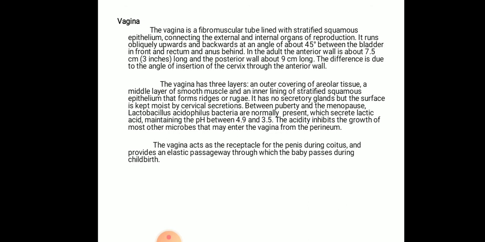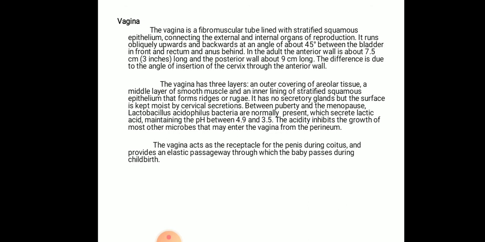The vagina has three layers: an outer covering of areolar tissue, a middle layer of smooth muscle, and an inner layer of stratified squamous epithelium that forms ridges or rugae, that is, many folds. It has no secretory glands, so the secretions from the cervix keep the vagina moist.